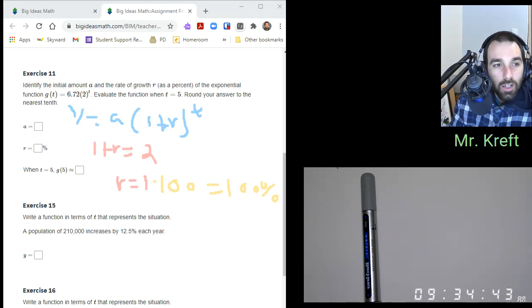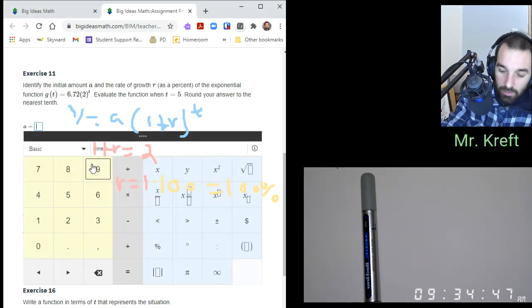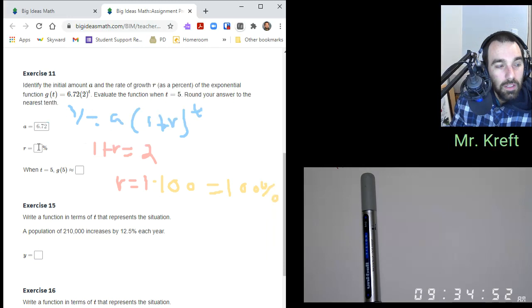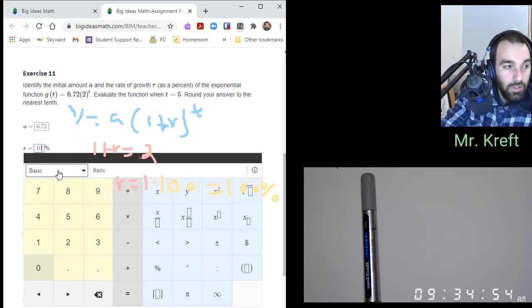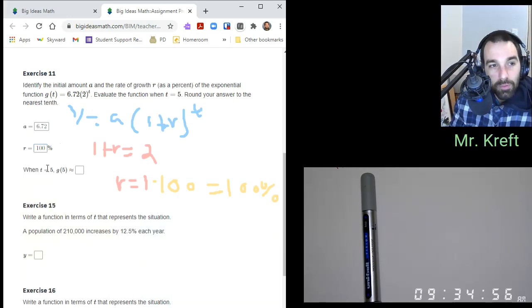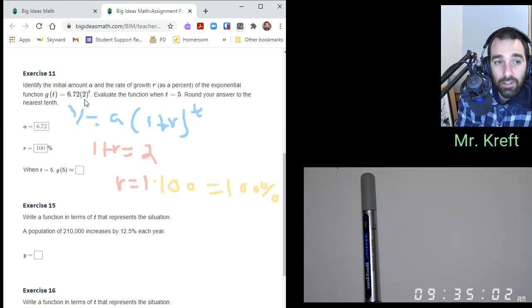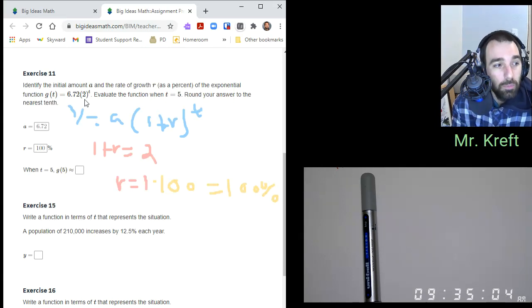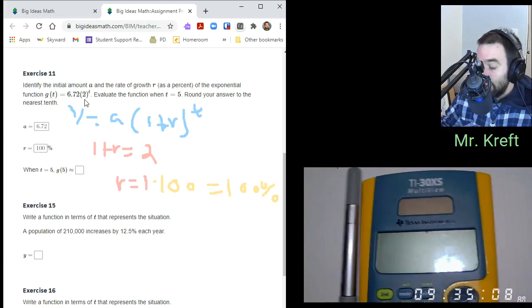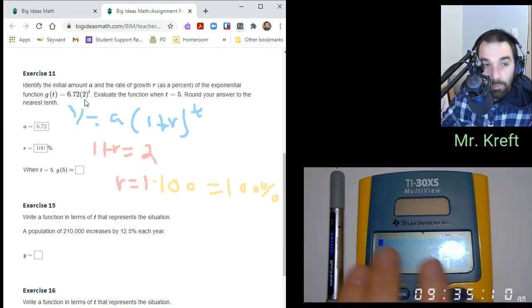So let's start filling this out. My A is going to be 6.72. That's my initial amount. My rate is 100%, right? I'm growing by 100%. So that 2 there is 1 plus R, so R has to be 1, and 1 represents 100%.